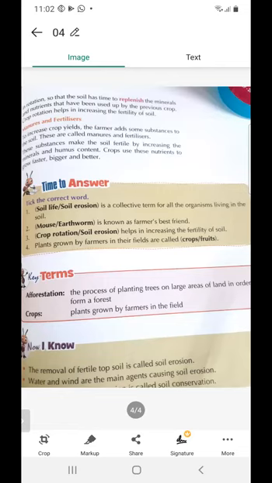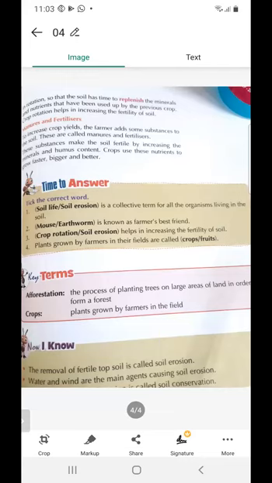What is the difference between manure and fertilizer? Manure is made naturally, fertilizer is made artificially or with the help of chemicals. It is made in factories with chemicals, but manure is made naturally.